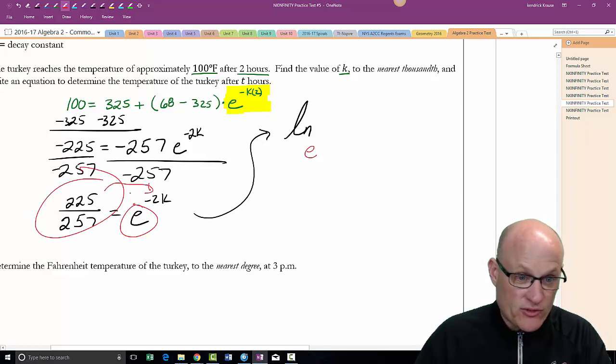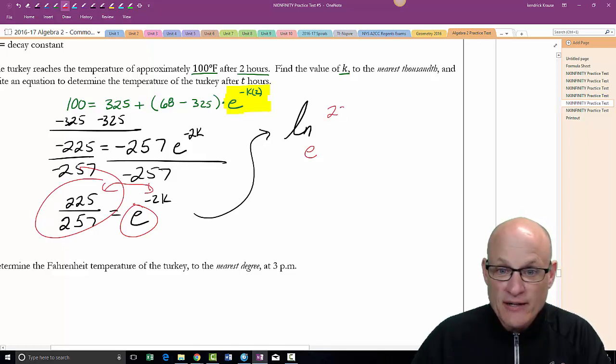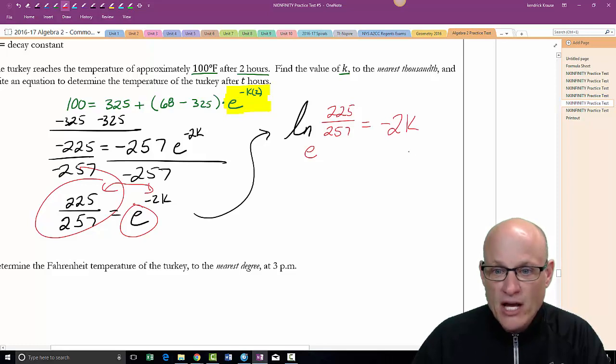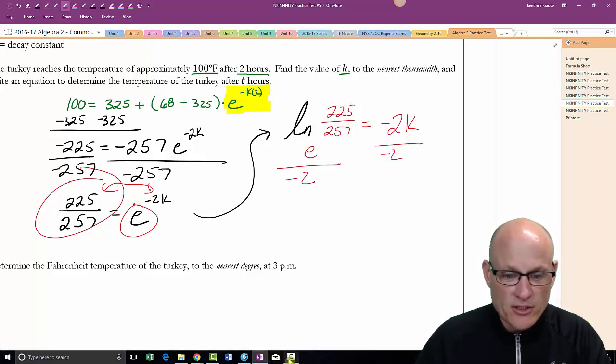But just to get things where they go, log base e of 225 over 257 is equal to negative 2k. Remember, these two things are going to switch sides. Now just divide by negative 2, divide by negative 2, and I'll get my answer.